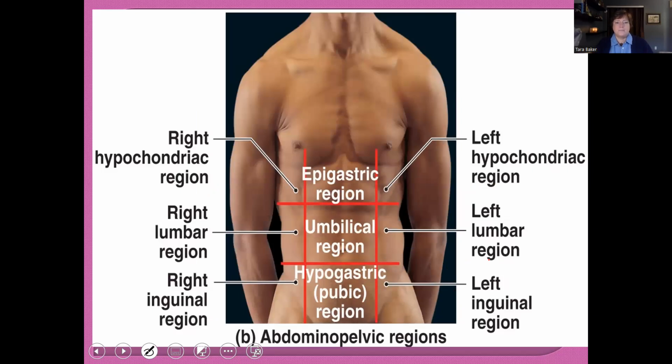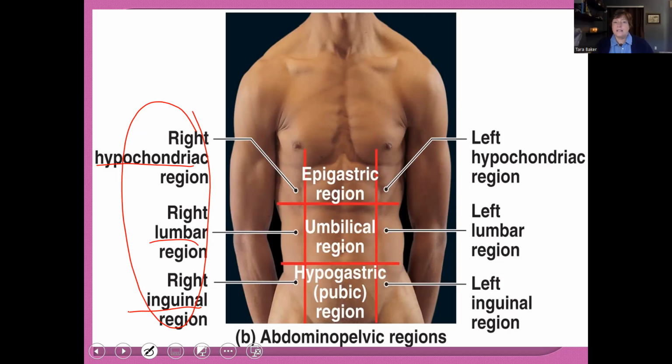So the regions on the right, on his right, are hypochondriac, lumbar, and inguinal. So hypochondriac is going to be below his chest. Lumbar is going to be at the lumbar section of his vertebra, so that's his lower back.